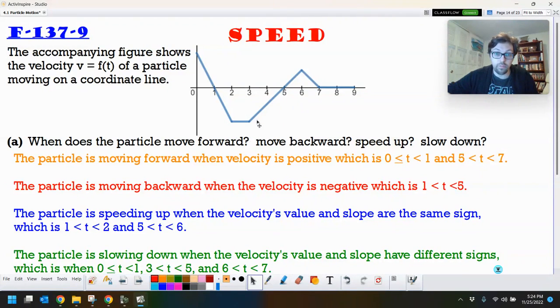Then we also have one from 3 to 5 because here our slope is positive, but the values of that velocity are negative. So they have opposite signs. That means the particle is slowing down. Then we also have one here where we have a negative slope, but a positive value for velocity. So negative acceleration, positive velocity. So our particle is also slowing down.